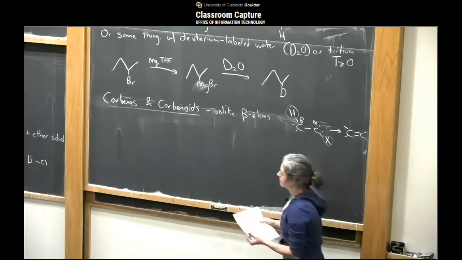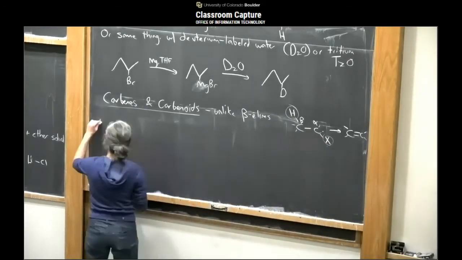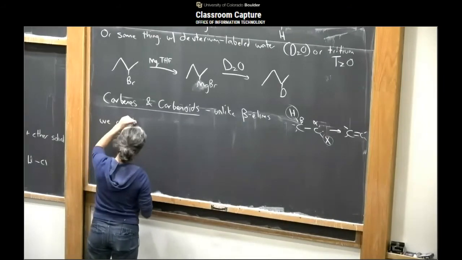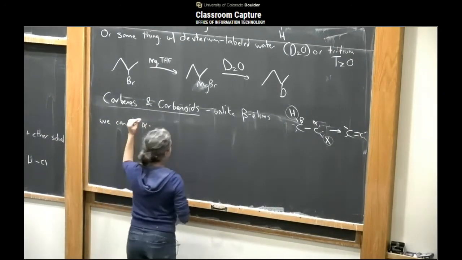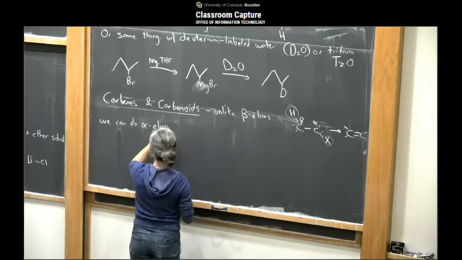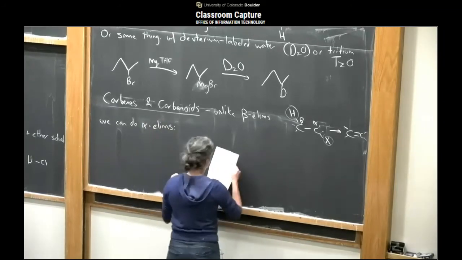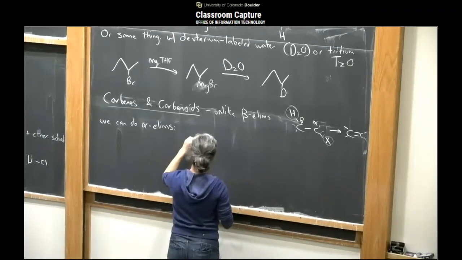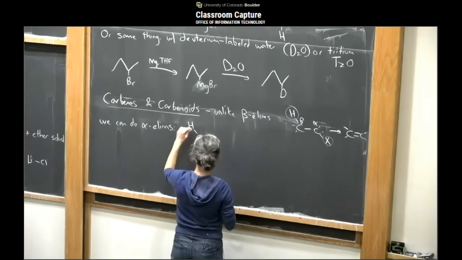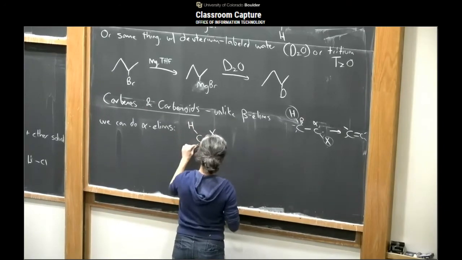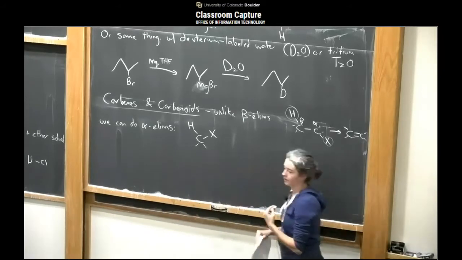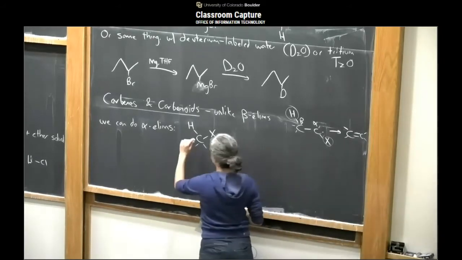If we set it up right, we can do an alpha elimination where we're losing an H and an X off of the same carbon.